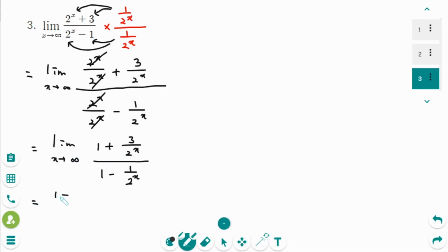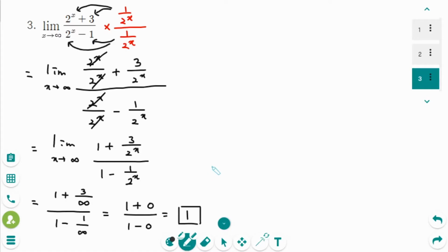So 1 plus 3 over infinity, because 2 to the power of infinity is the same as infinity. And 1 minus 1 over 2 to the power of infinity is the same thing. So this is 1 plus 0 over 1 minus 0. So the answer is 1.